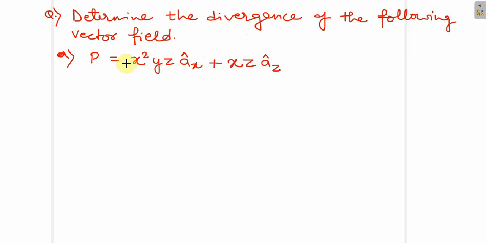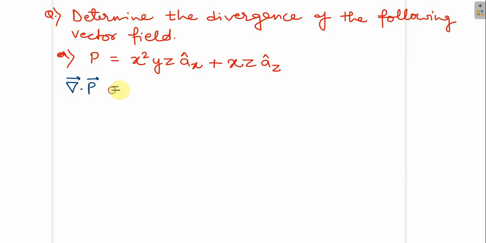Divergence of P means what? Del dot P, we know that the divergence is the dot product of the del operator with the vector field.